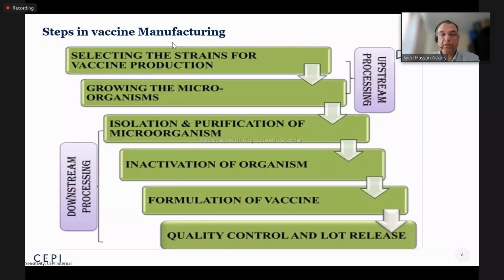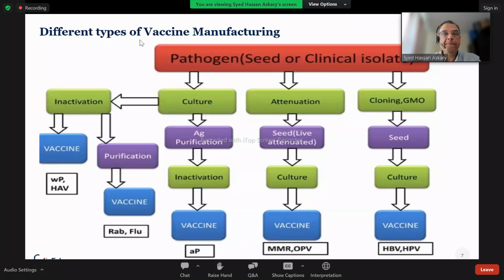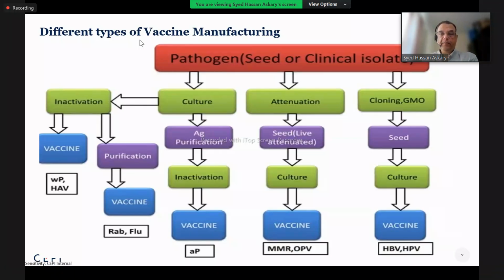Go through inactivation, formulation, and quality control and lot release system. The different types of vaccine manufacturing. I won't go through this, but you can see there are different processes from culture to inactivation or purification or going into vaccine. And there are some examples as well.